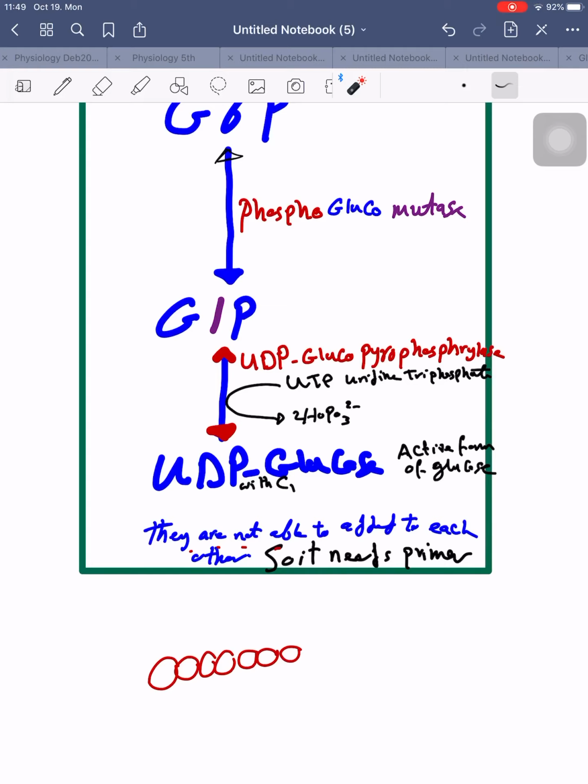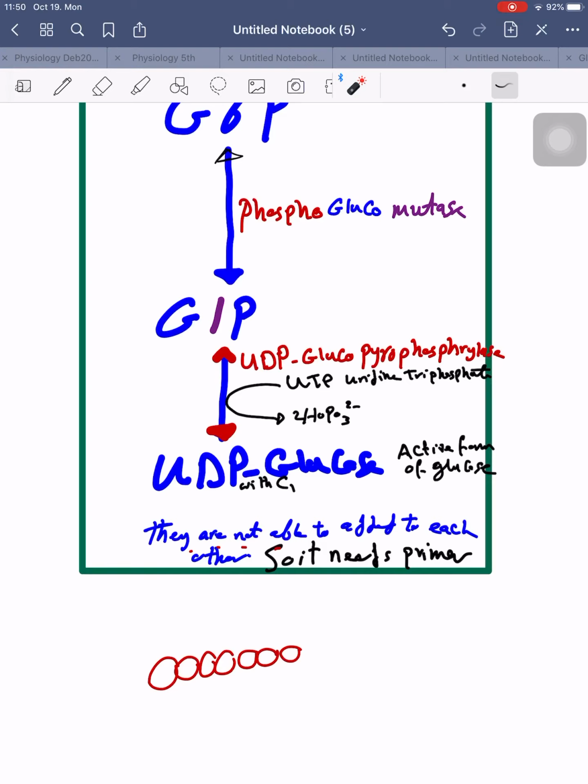And what is the enzyme that can do this? It's easy. It is UDP glucose pyrophosphorylase. Phosphorylase, not phosphatase. Because I found in some student notes they wrote UDP glucose pyrophosphatase. No, it is phosphorylase.